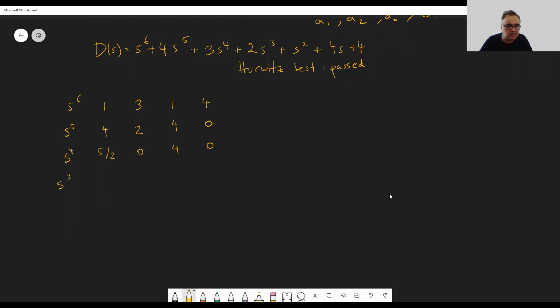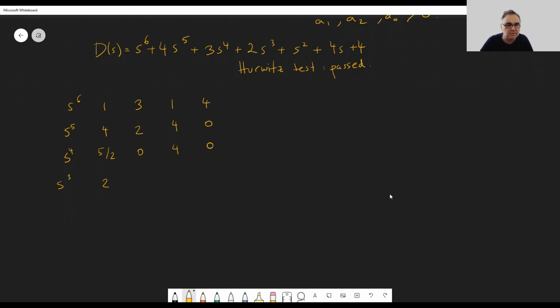S cubed now. We take the determinant of this, which is 2 times 5 over 2, minus 0, divided by 5 over 2. This is 2, if I'm not wrong.